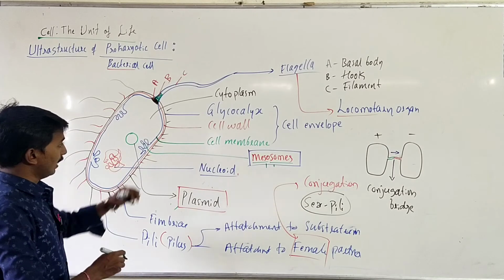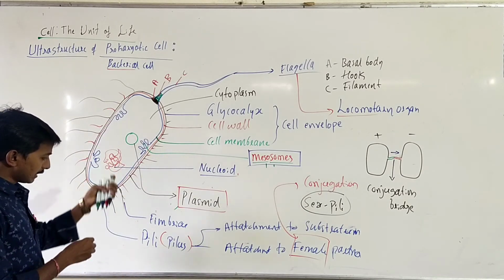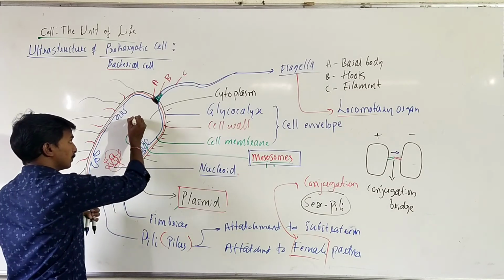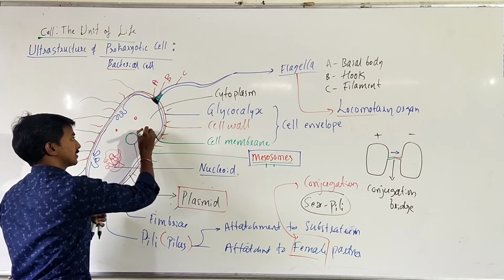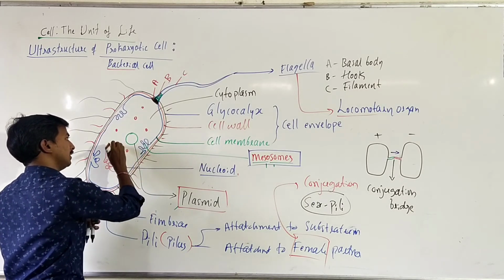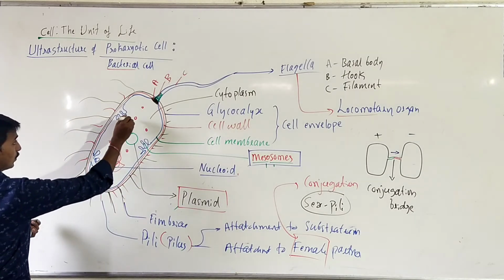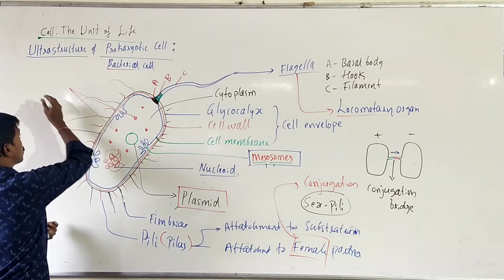So here these are the other parts. Then other than this, a major portion of the cytoplasm is covered by one of the cell inclusions, which are known as ribosomes.